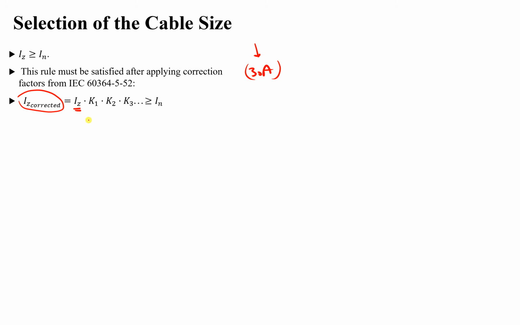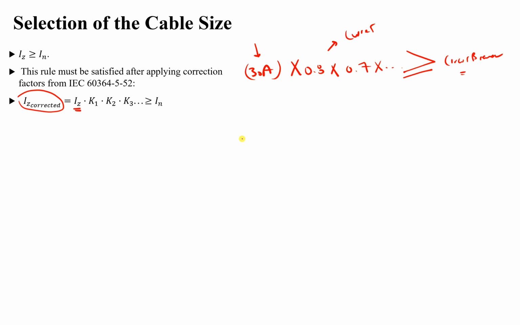After applying these factors, let's say a factor due to grouping, a factor due to temperature, and so on, the current at which it can operate must be greater than or equal to the circuit breaker or the protection rating. This is the rule.